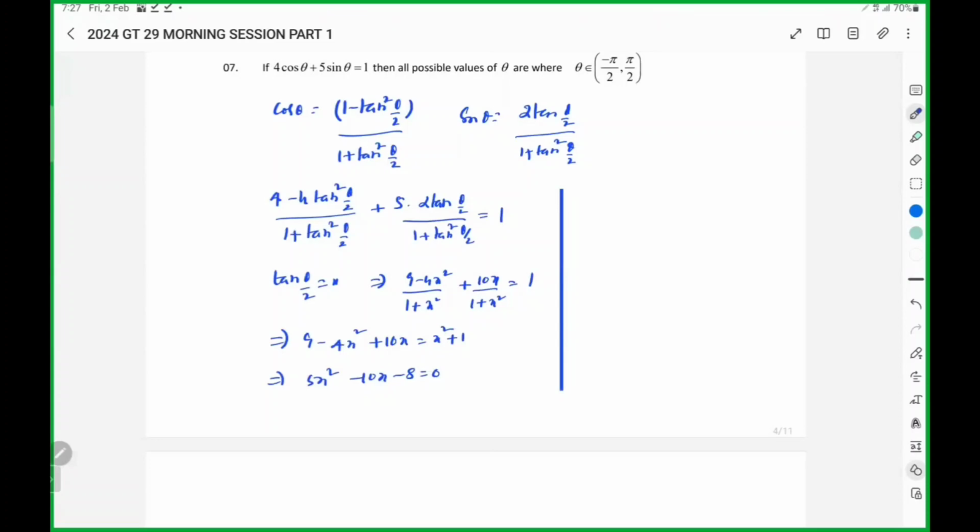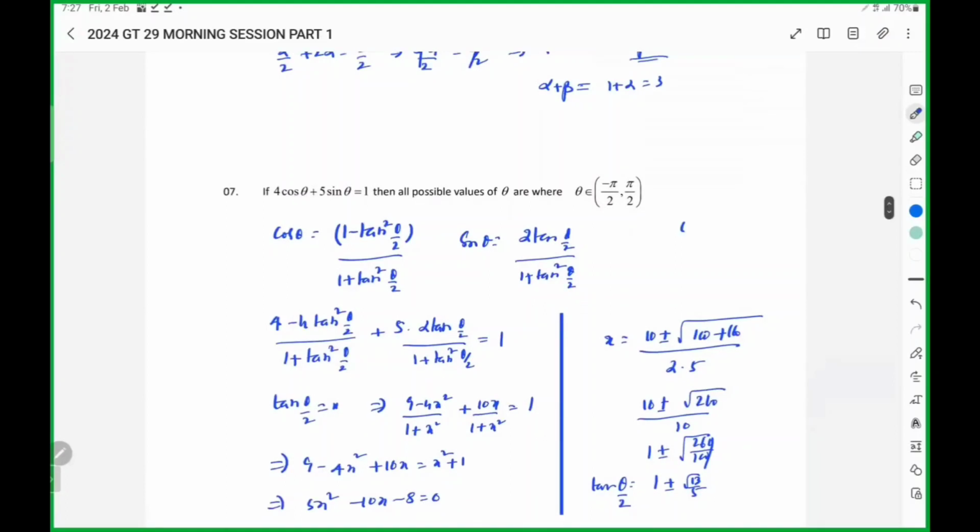From here I can write x as 10 plus or minus root of 100 minus 160, 10 plus or minus 260 by 10. So 1 plus or minus root of 260 by 100, 1 plus or minus root 13 by 5. This is the tan theta by 2 value.